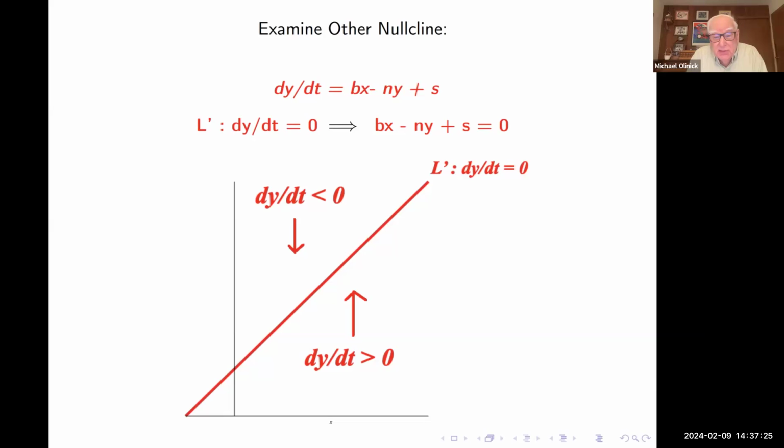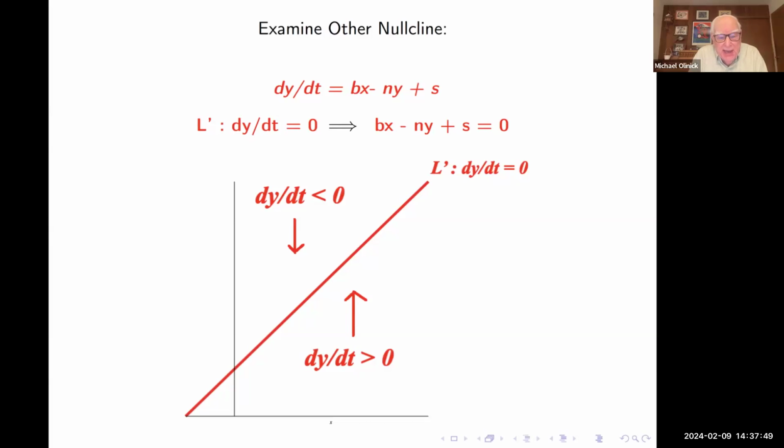Here again, the straight line along which the derivative is 0 is a so-called stable line for the red nation. Any point along that line is a point at which the red nation would not have an incentive to increase or decrease. But above the line, y prime is negative, so we'd be moving down. Below it, it is moving up.